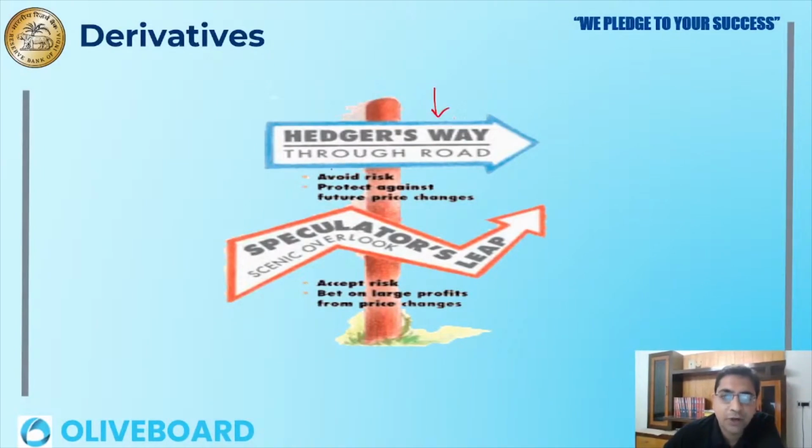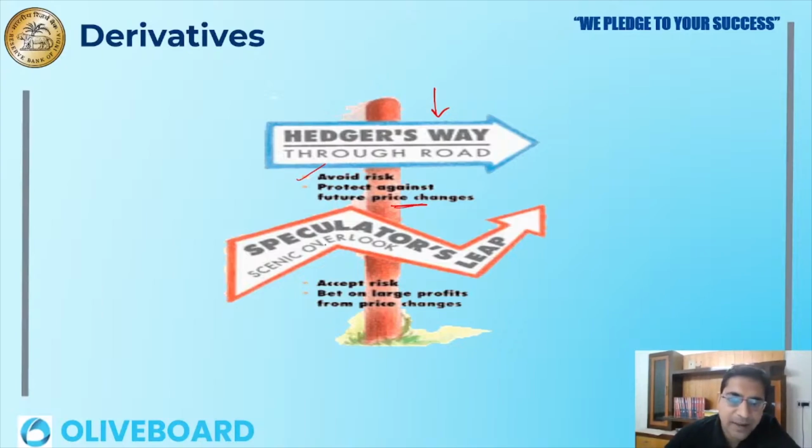They want to avoid risk, to protect against future price change. Hedgers are simply the people who normally avoid risk, so they come into a contract beforehand. The main reason is that they want to make sure they do not go into that price risk scenario. They want to remain safe during the price changes.